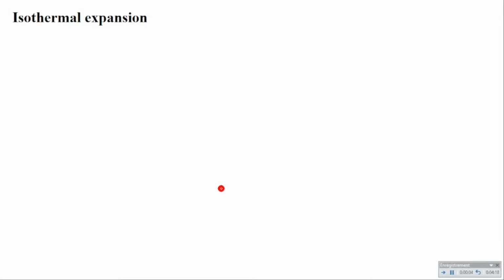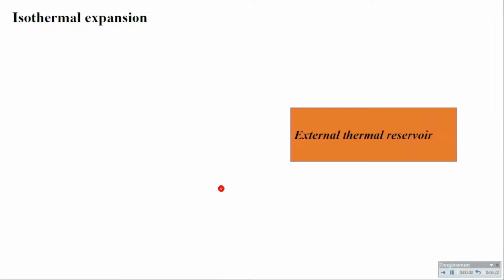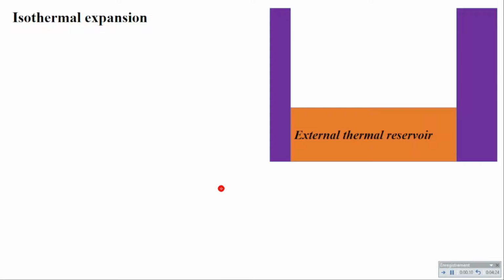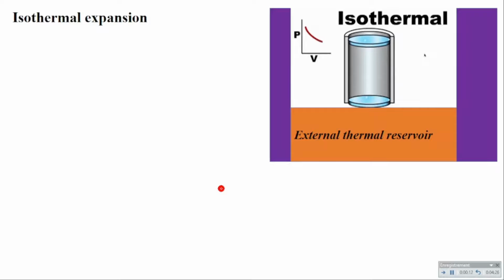Now let's see what an isothermal expansion is. That means we are expanding the gas. In this diagram, we have an external thermal reservoir and a gas which is expanding. Because it is an isothermal expansion, the gas has to expand at constant temperature, not at constant volume.